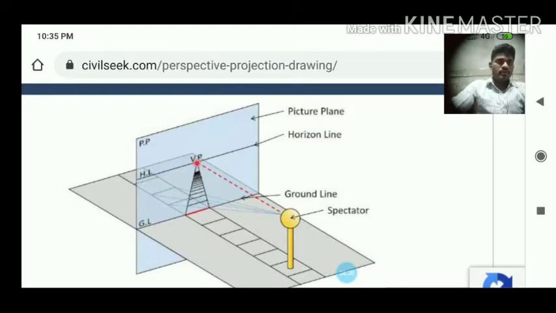Look at here. A spectator, that means a person standing here, looking at a railway track. Just imagine that is the railway track.